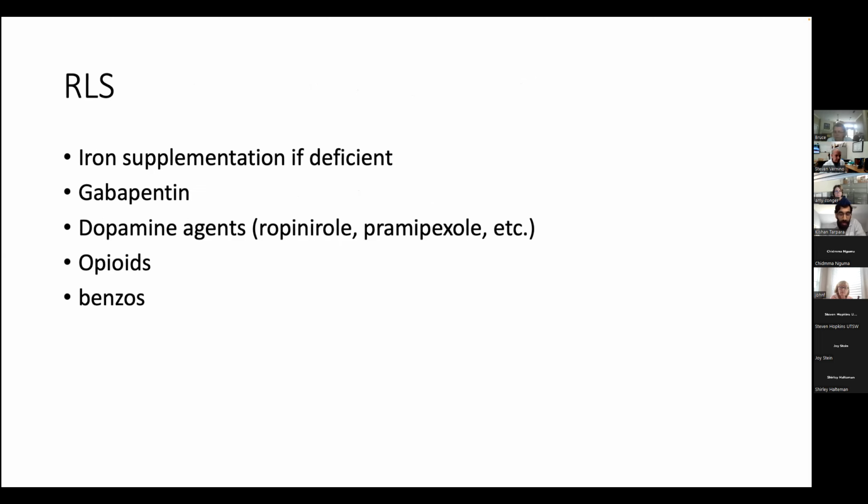If that's not enough, then gabapentin or dopamine drugs like ropinirole, pramipexole, which are Parkinson's-like medications that oftentimes can help with the symptoms in the short term, and then opioids and benzodiazepines, which are often used for other sleep disorders like REM behavior disorder.